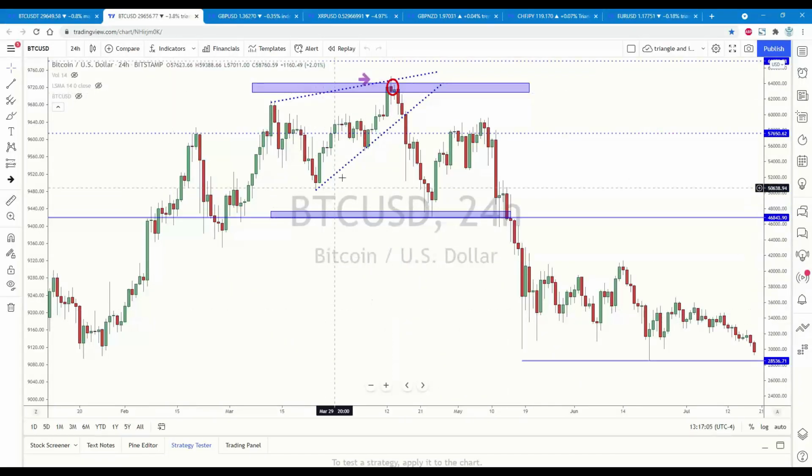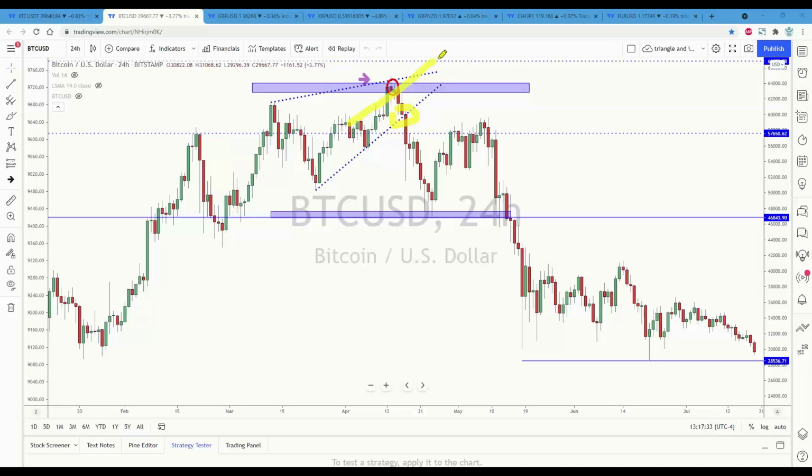Okay, here is a well-developed, beautiful triangle. Let me just get my marker back on here. We had a breakout. Until this point, the rules would have told you we would most likely have a continuation pattern, and it should have broken out going this way, but we didn't.